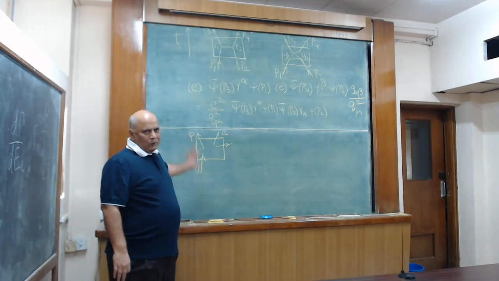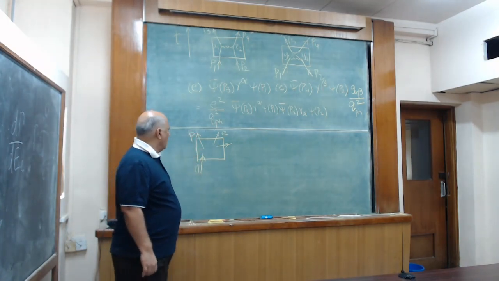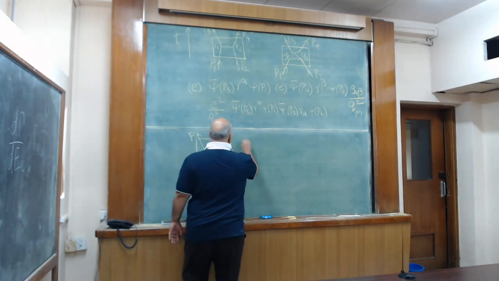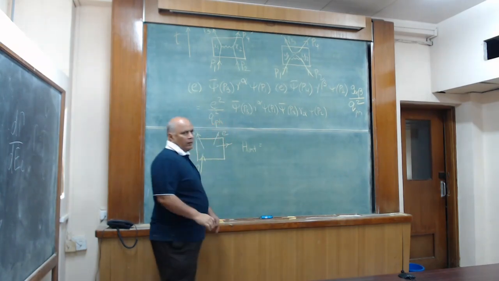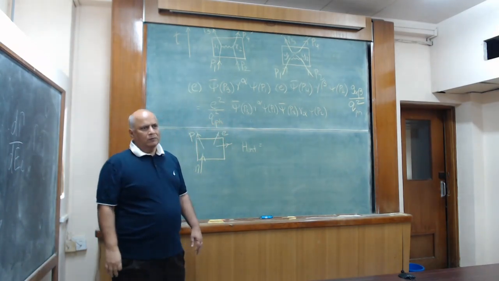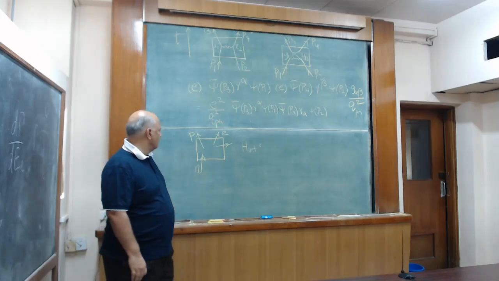This is what you see, and Fermi wanted to write an interaction Hamiltonian for this object.